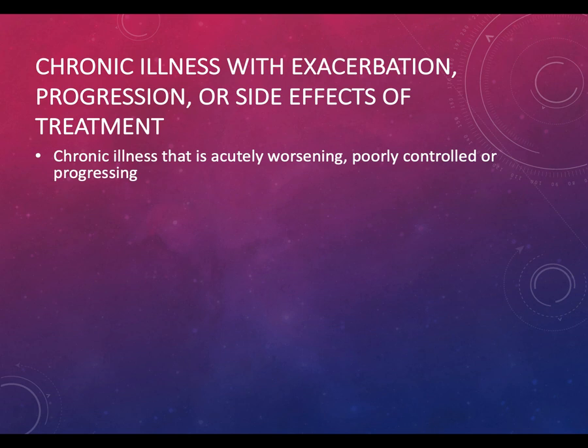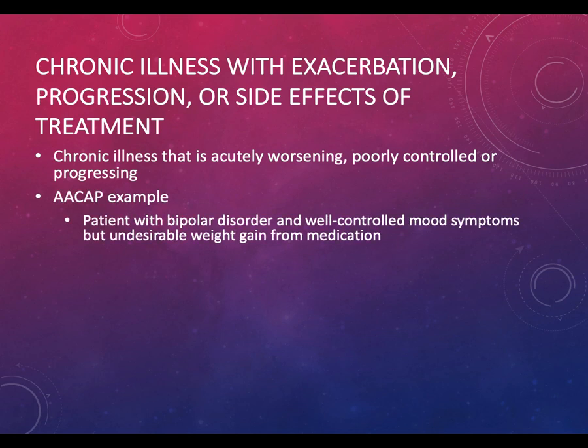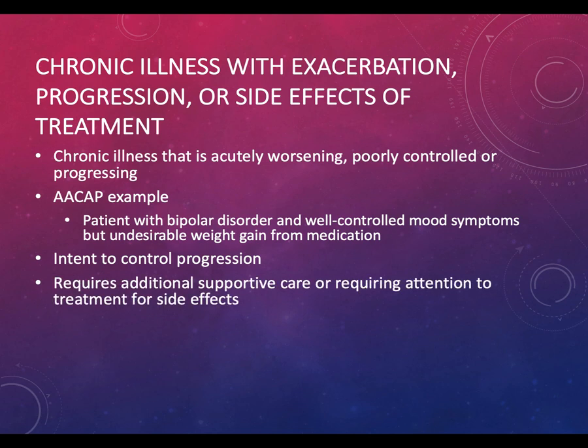For poorly controlled, think of the high blood pressure example, which qualifies even if the blood pressure has not changed recently and the patient is asymptomatic. Or an ACAP example of a patient with bipolar disorder and well-controlled mood symptoms, but undesirable weight gain from the medication. There is intent to control the progression, and additional care or attention to treatment side effects is required.